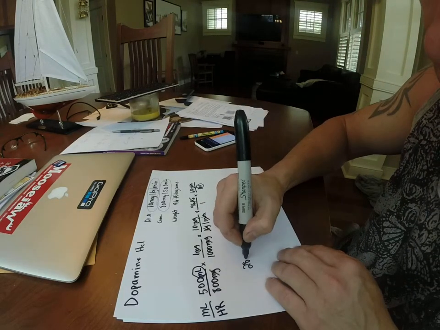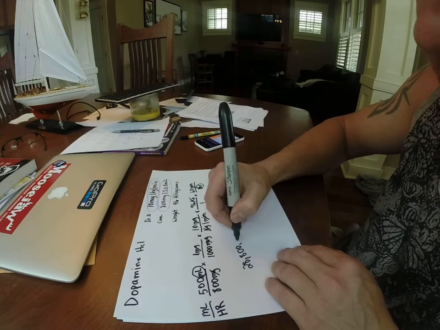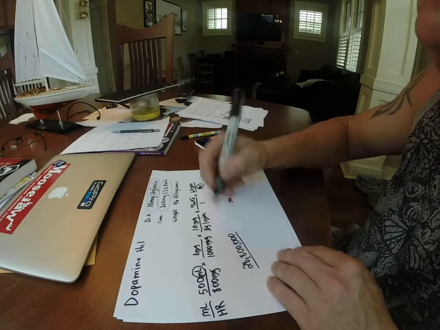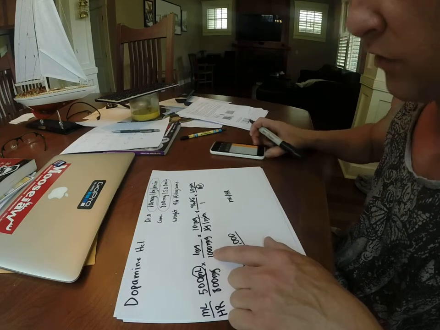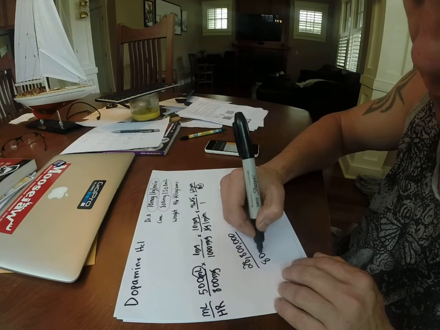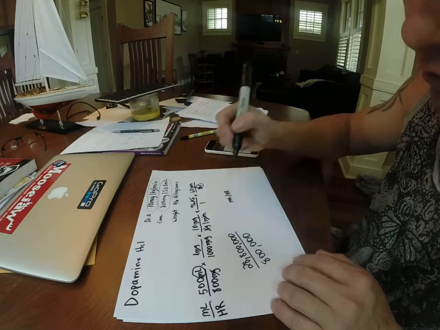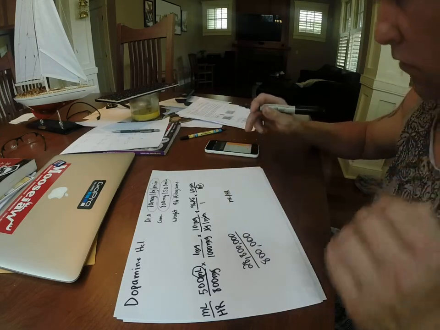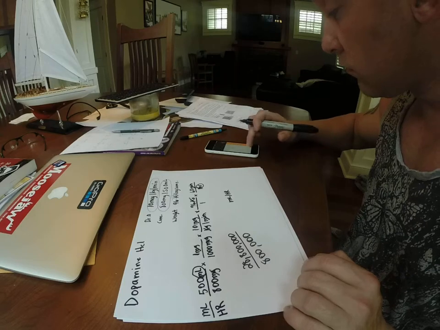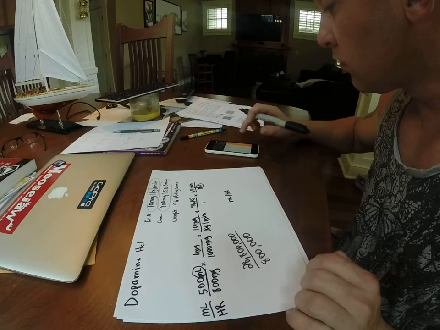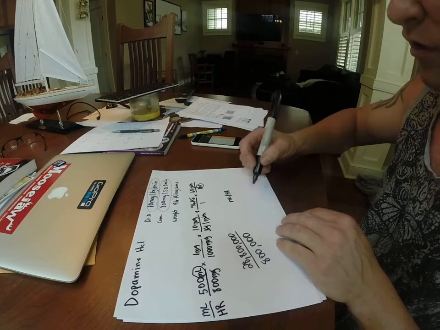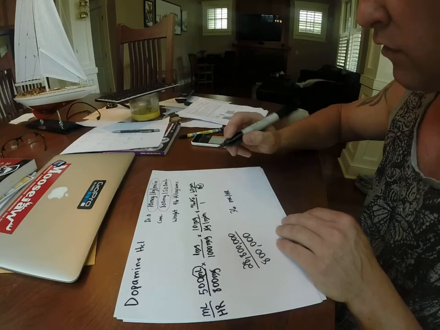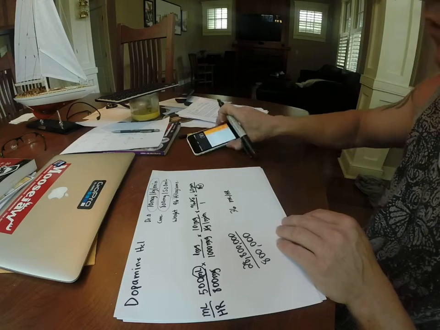Okay? Divided by 800 times 1,000. That's 800,000. So if you divide 28 million by 800,000, you're going to get 36 milliliters per hour.